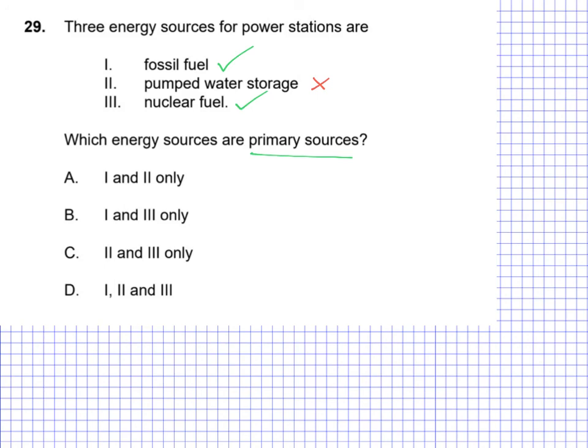If we go back to the history of this, it would have been mined as uranium, and that's how we would describe it. So yes, nuclear fuel is found in its natural state, loosely speaking. So which ones are primary sources? Well, 1 and 3.